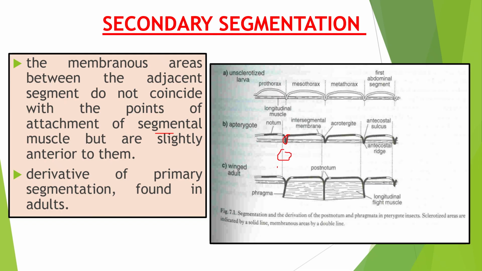You can see the dotted line, in both pterygotans and adult winged insects, the dotted line is showing muscle attachment, and this point is called the constriction point. In unsclerotized larvae, or caterpillars, you can see the constriction region coincides with this dotted line, which indicates segmental muscles.